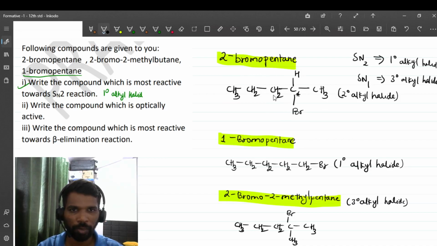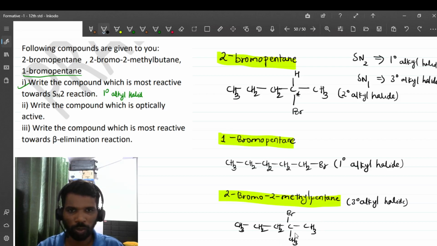This is not chiral because here two hydrogens are similar. This is also not chiral, and this is also not chiral. All four groups attached should be different. Here, none of the carbons is chiral because there is Br, a butyl group, and two hydrogens which are similar. In this compound, two methyl groups are connected which are similar.